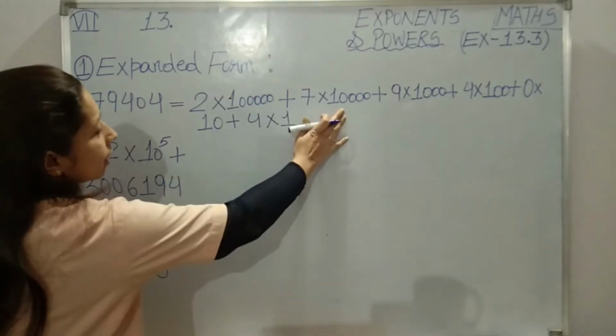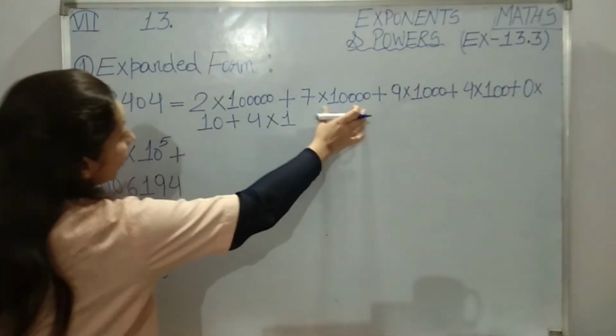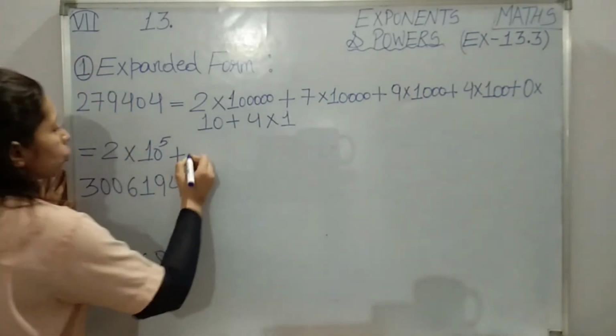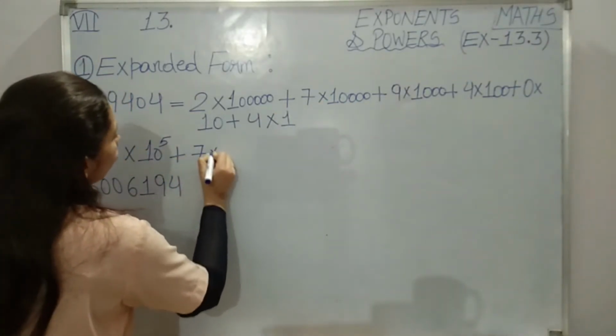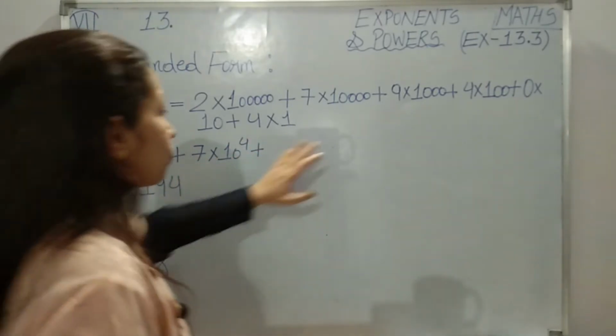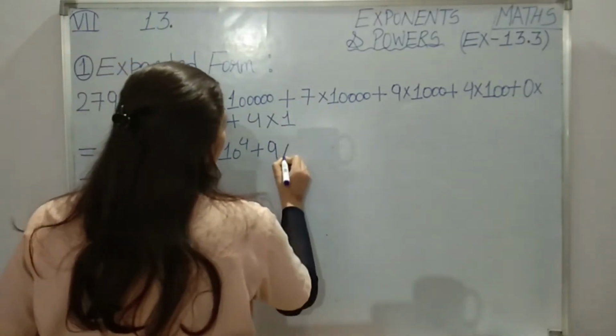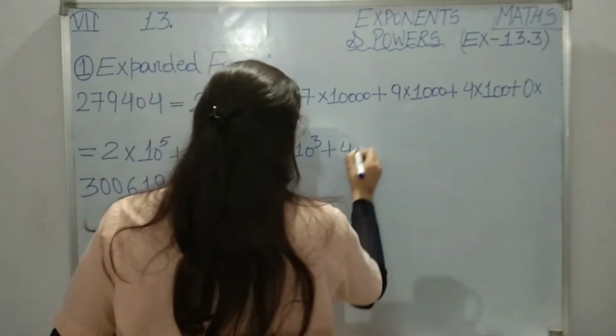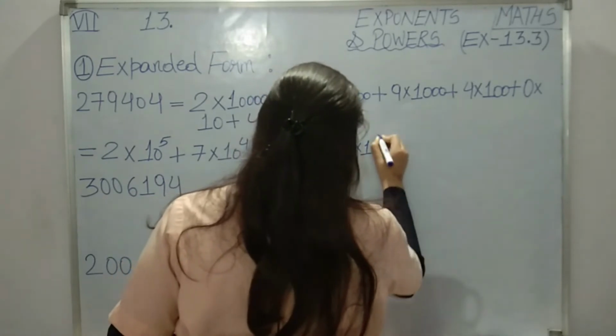Again students, this number we are going to write in exponential form. 1, 2, 3, 4. So 7 into 10 raised to the power 4. Got it students? Now 9 into 10 raised to the power 3. Then 4 into 10 raised to the power 2.